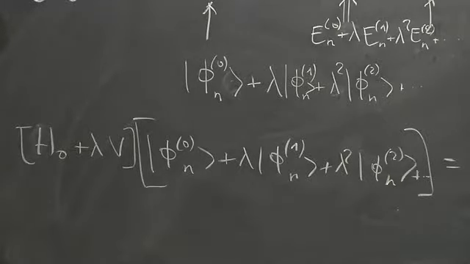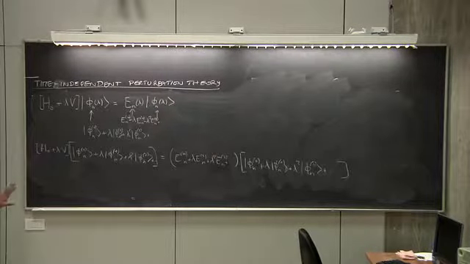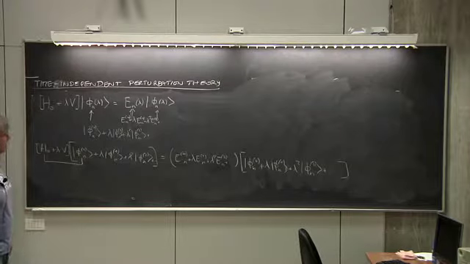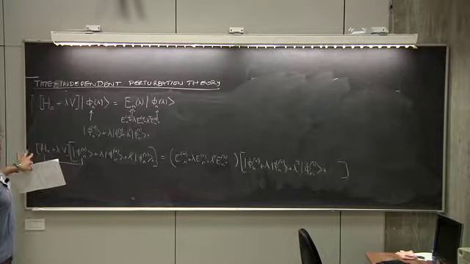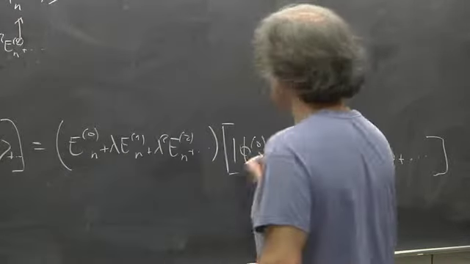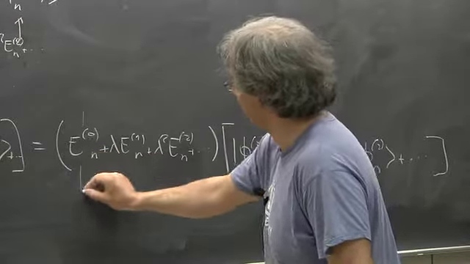And now I should look for equalities order by order. Let us start with zeroth order in lambda, so the things in which there is no lambda. Obviously on the left side there is only one thing with no lambda, and on the right side the only thing that has no lambda is this.